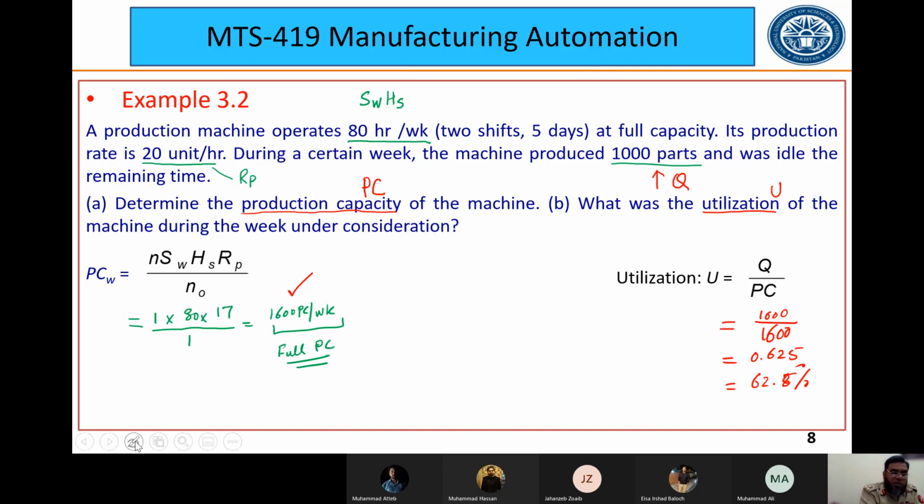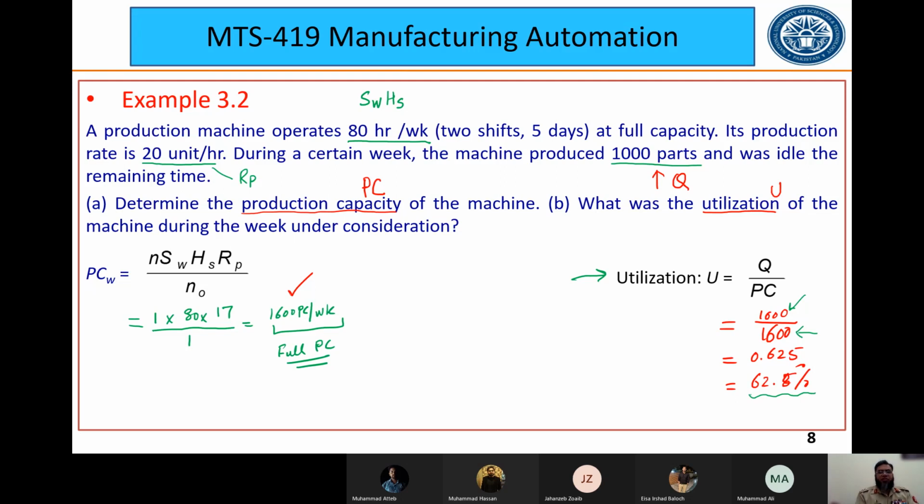So let's see. If I now look at utilization, we have produced 1000 pieces. Our capacity was 1600 pieces. So it means that we are utilizing this machine 62.5%, not of the time, but the machine is utilized 62.5%.